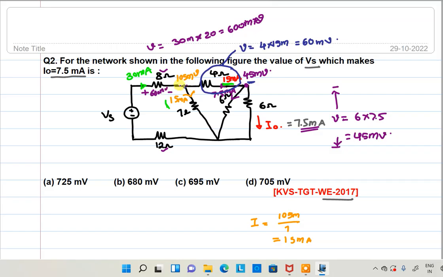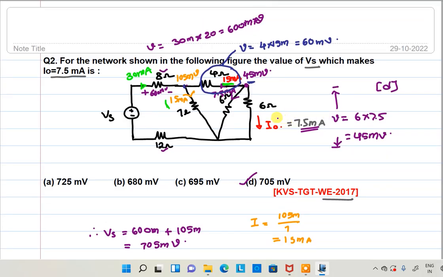Already here 105 plus 600. So finally Vs is equal to 600 milli plus 105 milli. That will be equal to 705 millivolt. What is the answer now? Option D is the correct option.